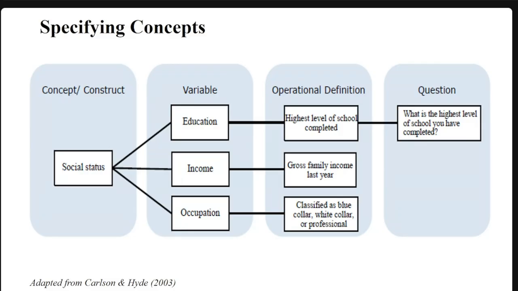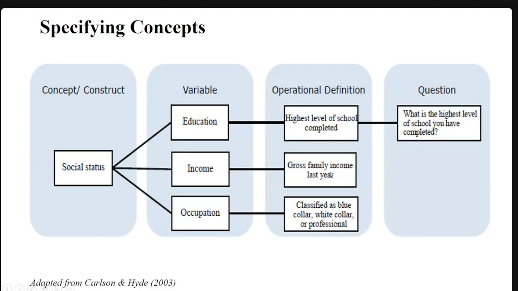Similarly, when you ask about occupation, you have to be much more explicit in order to break it into an operational definition. That means whether the household is doing skilled jobs, unskilled jobs, or you may classify it as blue collar, white collar, gig workers, professionals, etc. When you are asking about these different operational definitions, you ask the question, what is the highest level of school you have completed?